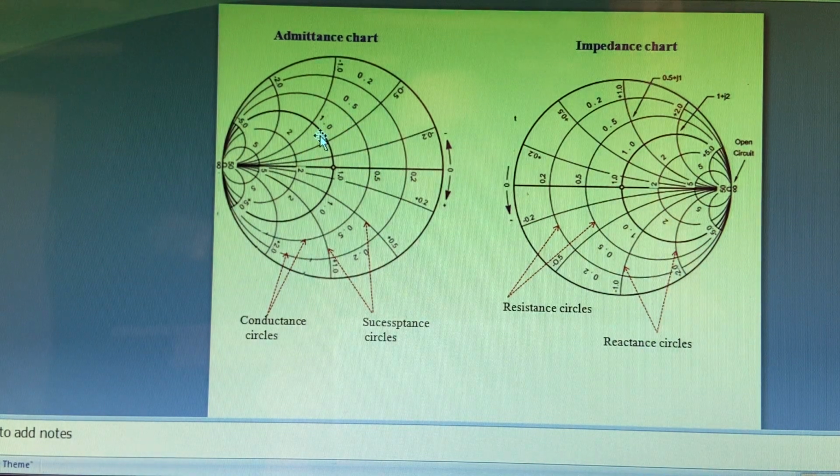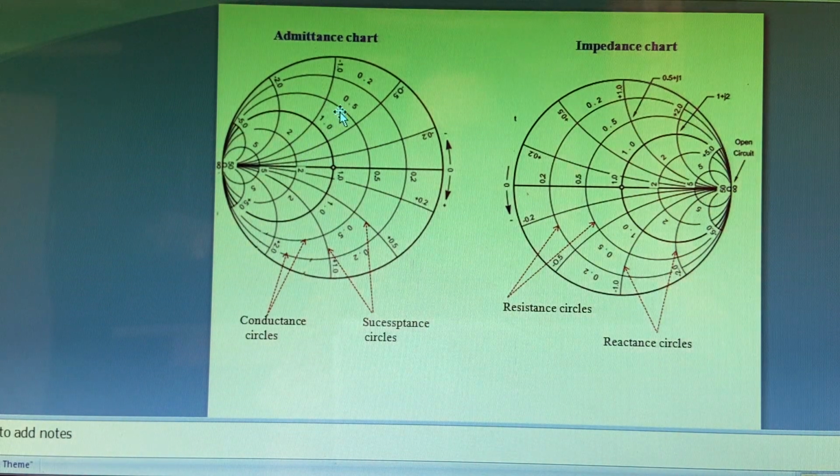These conductance circles are opposite to the resistance circles. As we discussed in the previous topic, the resistance circles have their centers shifted towards the right, and the radius reduces as the value of resistance increases. Here we can see the reactance circles and these are the resistance circles.